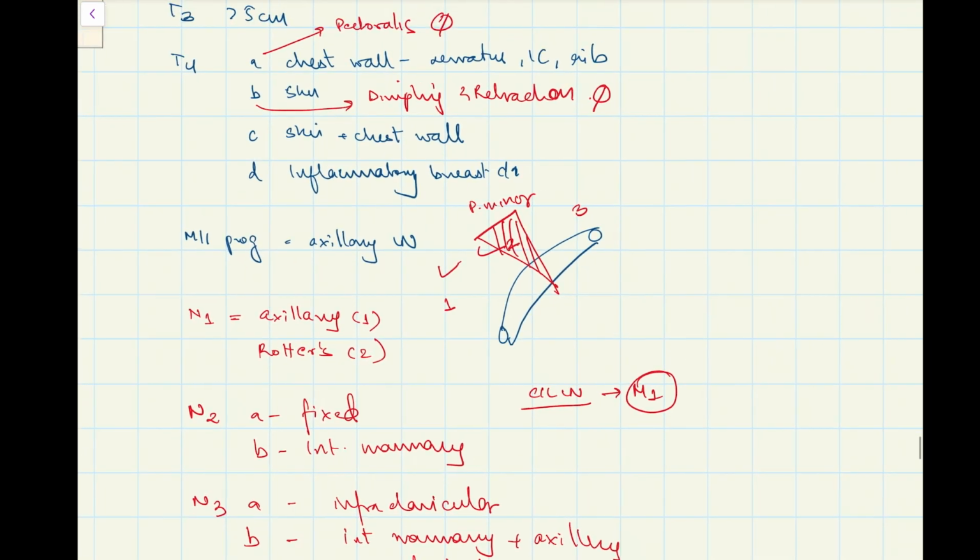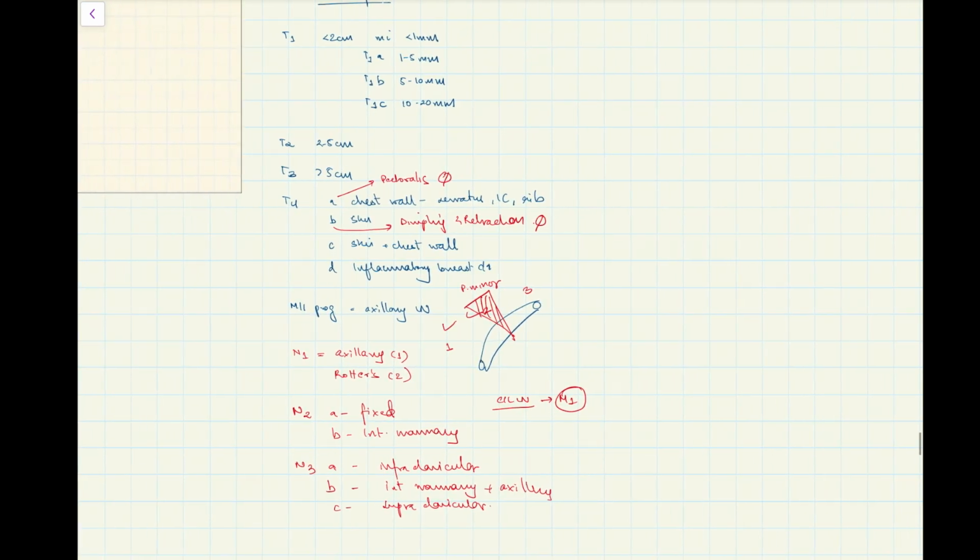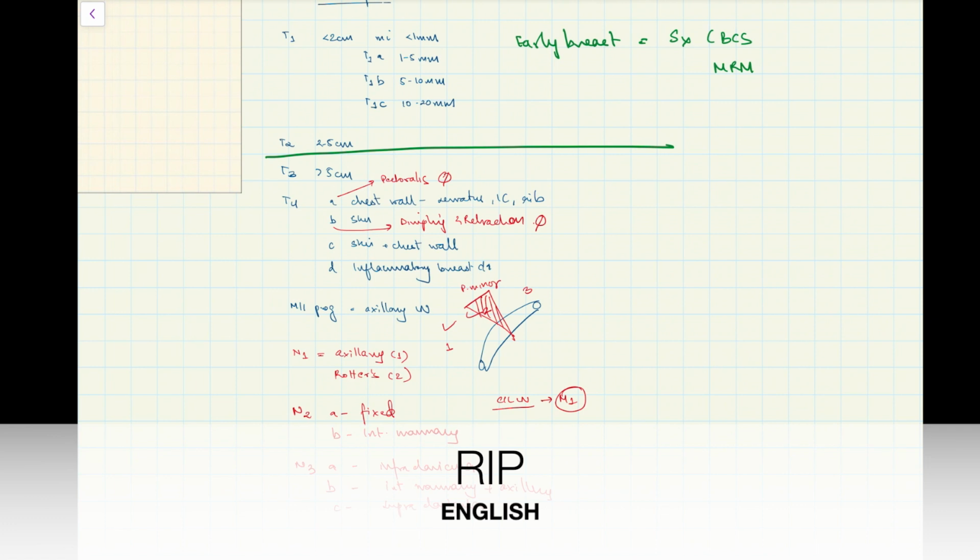Now here only we quickly look at the management. Up till stage T2, it is called as early breast cancer, and the treatment of choice is surgery, which includes either a breast conservation surgery or a modified radical mastectomy.